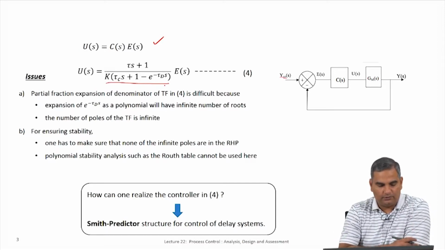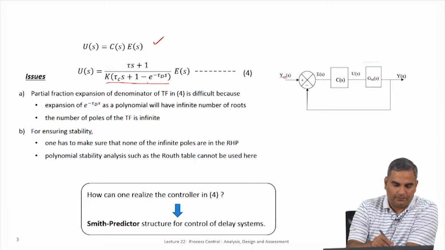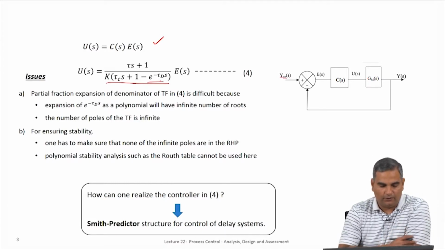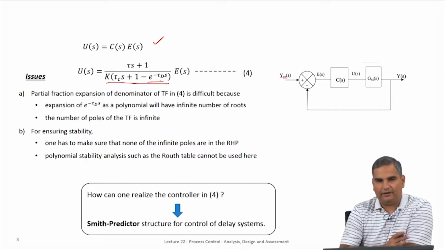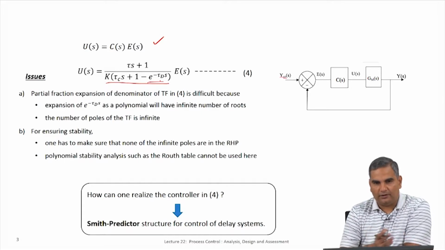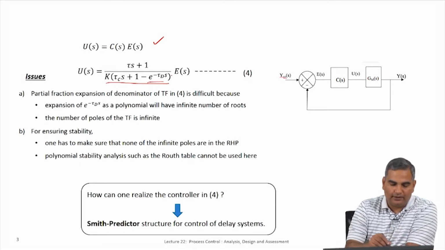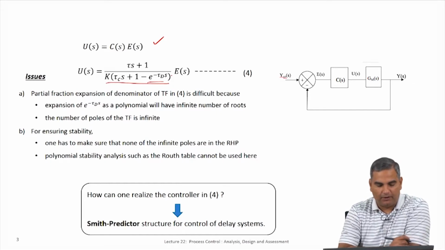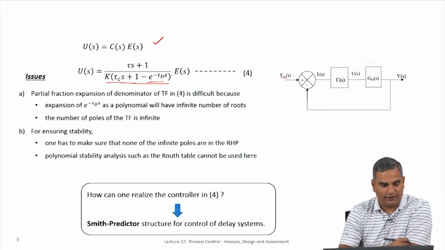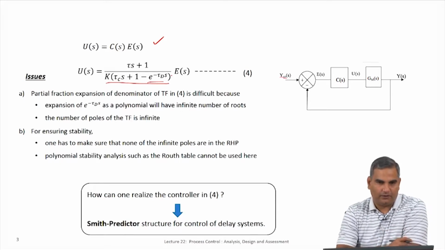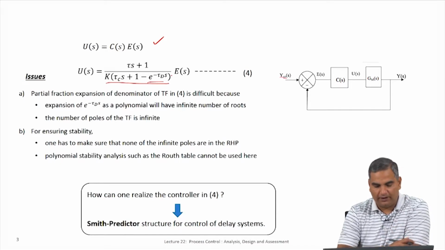So, one way to do this would be to expand this as a polynomial, and we all know that when we expand e^x, you keep adding more and more terms. If you conceptually think about this without worrying about all the mathematical details, you will notice that I am going to get a denominator polynomial which is going to have infinite roots. So, basically there are going to be infinite terms in the partial fraction, which is going to be a problem. Okay. So, that is problem number 1 when I have this time delay term.